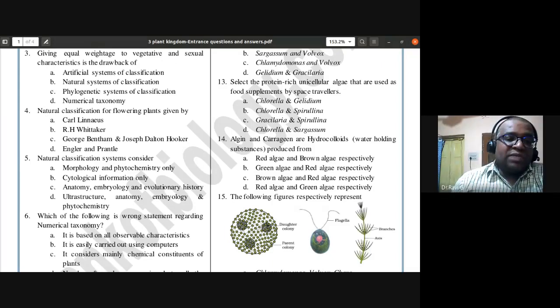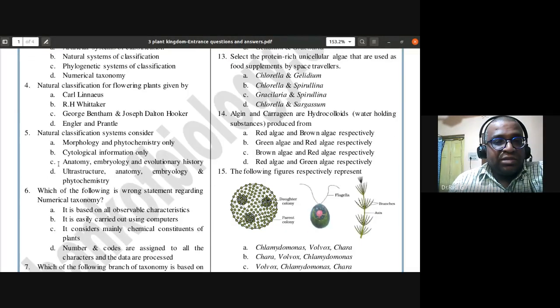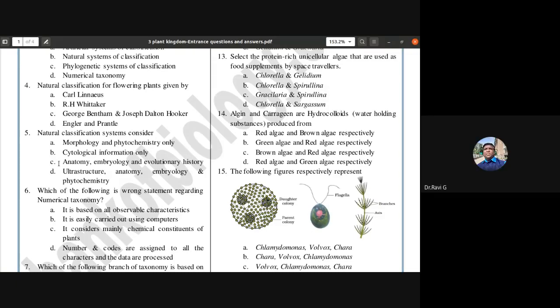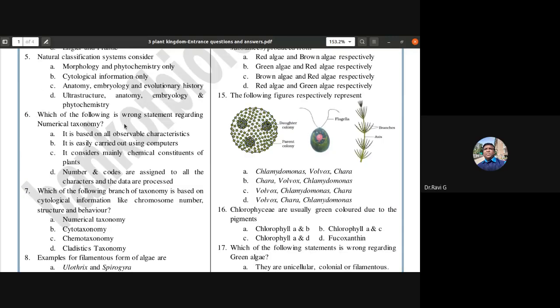Fifth one: the natural classification system, what does it consider? Morphology and phytochemistry only, cytological information only, anatomy, embryology, and evolutionary history, or ultrastructure, anatomy, embryology, and phytochemistry.